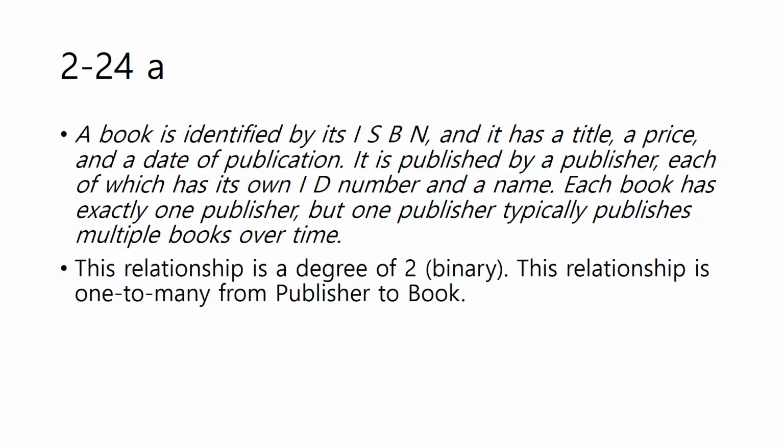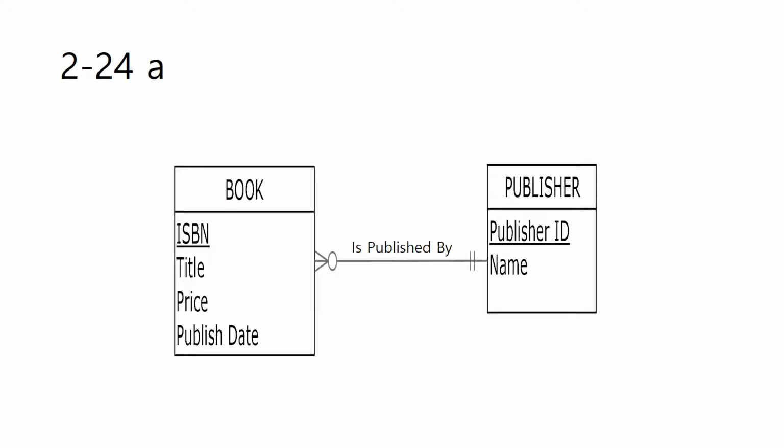Each book has exactly one publisher, but one publisher typically publishes multiple books over time. Actually, this is a binary relationship, and this relationship is one-to-many from publisher to book. So we can draw like this.